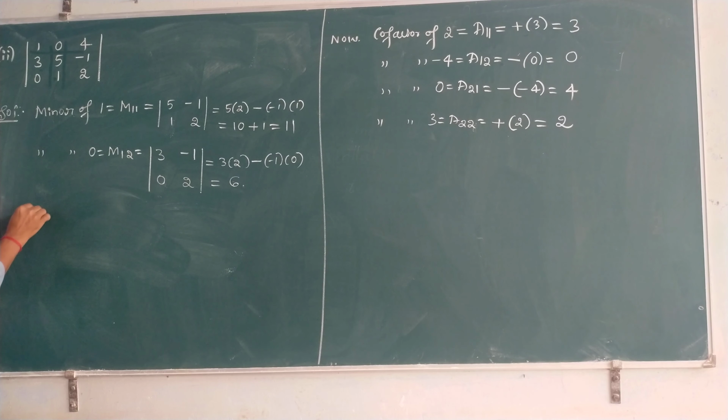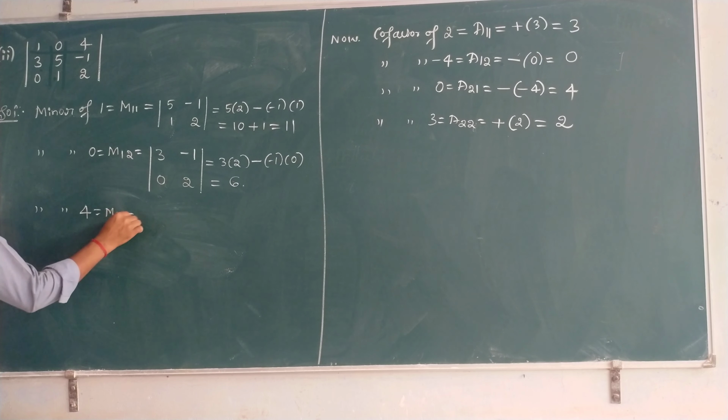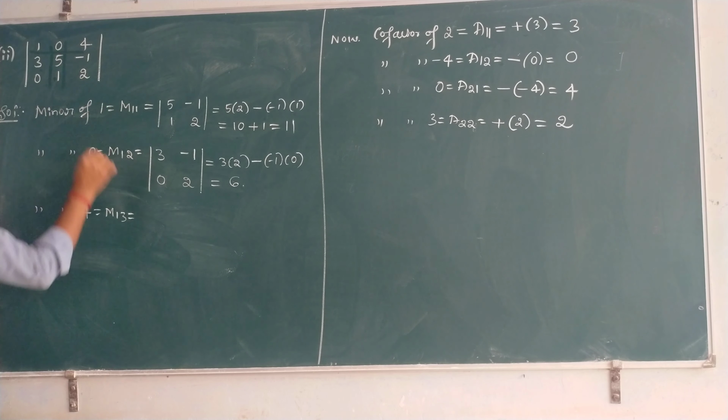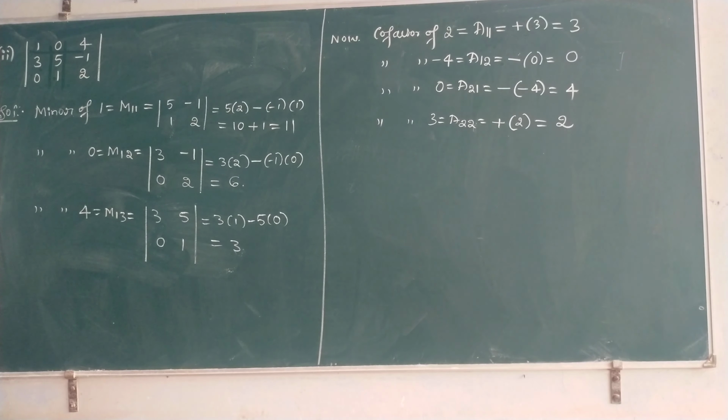After that, minor of 4 is m13. The elements are 3, 5; 0, 1, which is 3 into 1 minus 5 into 0, so the value is 3.